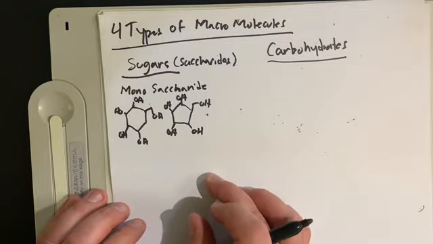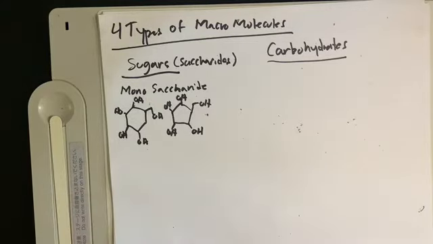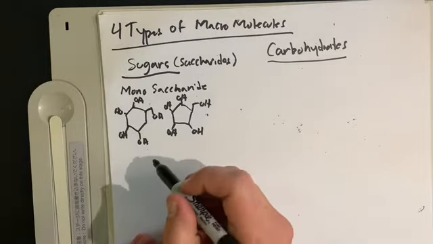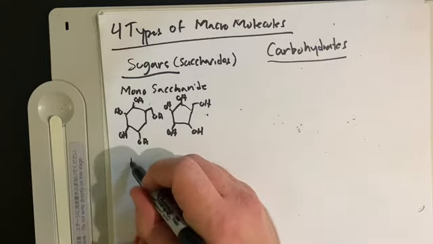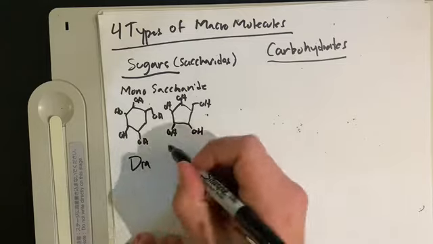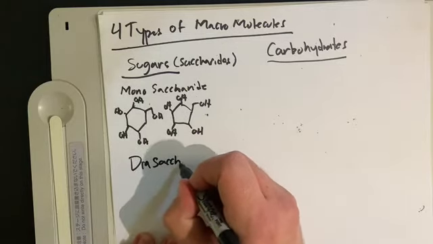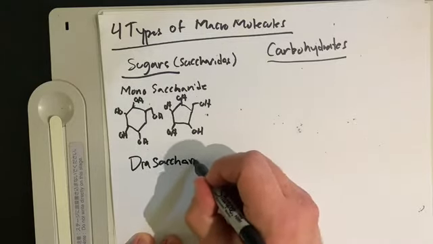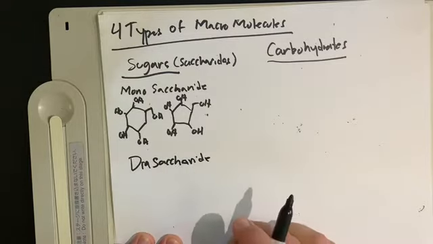We have some monosaccharides that we have in our life. So things like glucose or sucrose or fructose. These are different types of monosaccharides. Now, if we combine them together, we create a disaccharide.